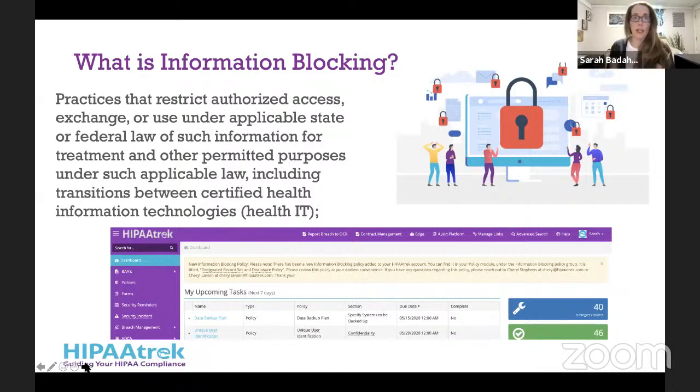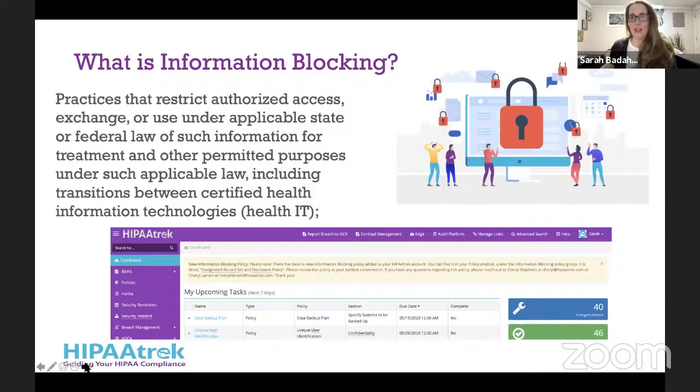And if you are doing it, then it is likely information blocking. So in this presentation today, you are going to learn things that constitute information blocking, as well as some exceptions that you can actually utilize if it applies. So you'll learn a little bit about that.